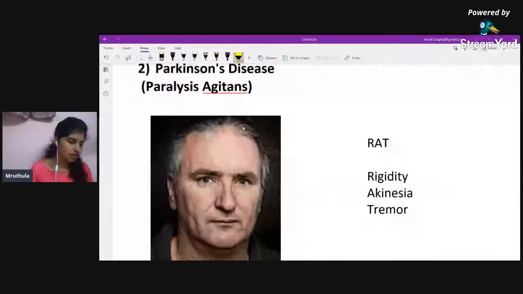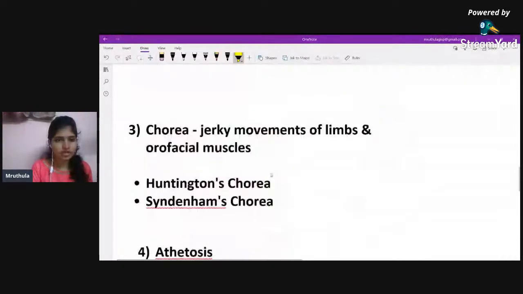Both of these cause Parkinson's disease. Now, what you need to remember is that the symptoms are RAT. RAT is a mnemonic for rigidity, akinesia, and tremor. Rigidity, akinesia, and tremor. Then coming to the third one.